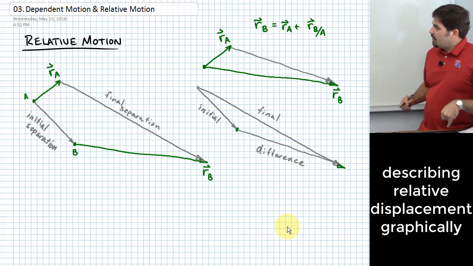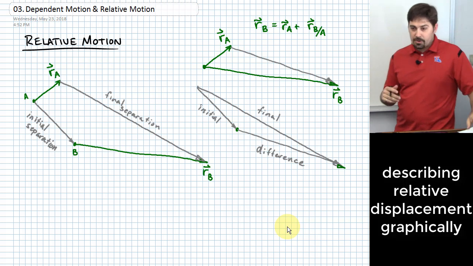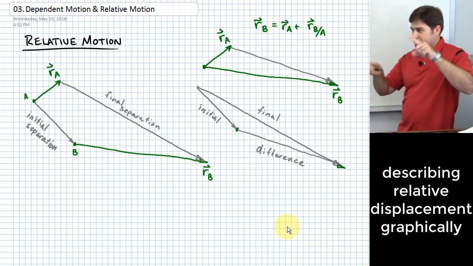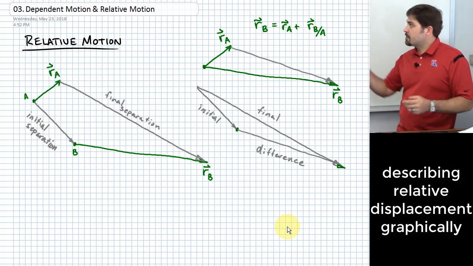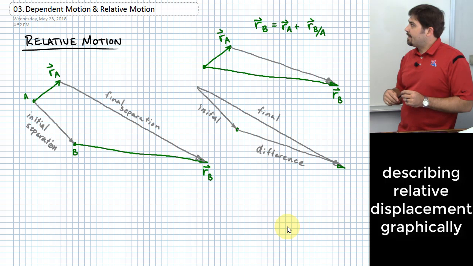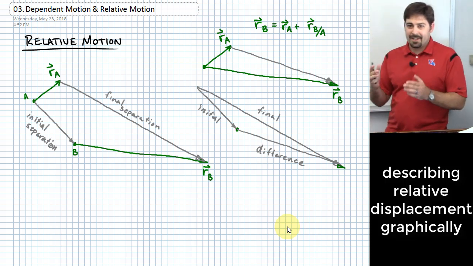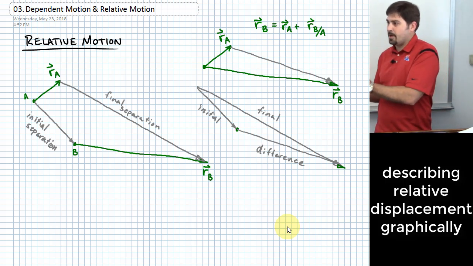The point I'm making, and I know it's a little bit obscure, is that when you have two particles that move in two different ways, you can find the motion of one relative to the other just with that formula: R_B is equal to R_A plus R of B relative to A. That describes it, and ultimately that R of B relative to A is really just giving you the difference between the initial separation and the final separation.